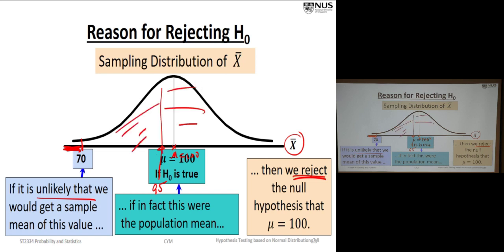Of course, this is also big, but when we look at the minimum of these two, it's quite big. So 95 is okay. In other words, our underlying assumption that mu equals 100 is fine.